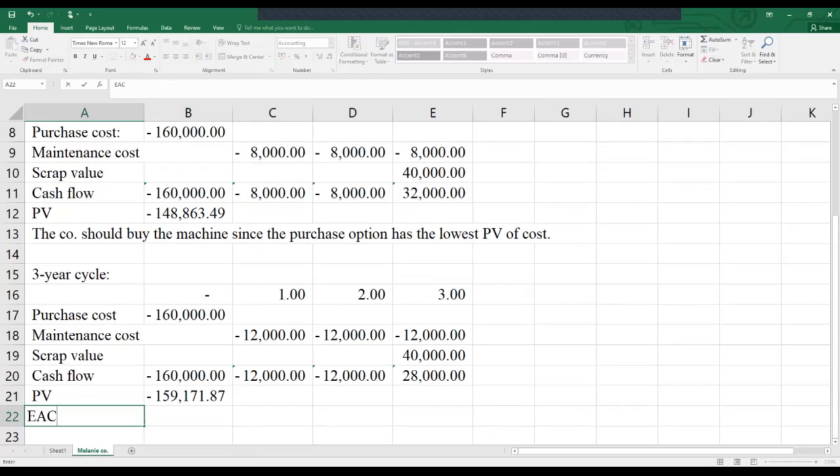Equivalent annual cost will be equal to the cash flow, which is 159,171, divided by the factor. I need a table here. The factor for 8%, 3 years. I have the tables with me here.